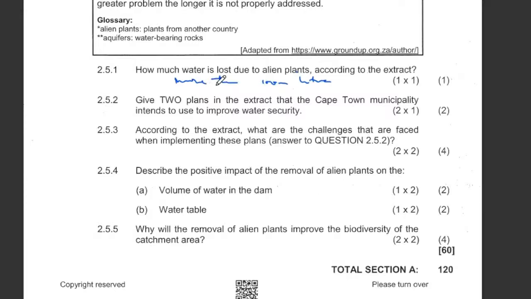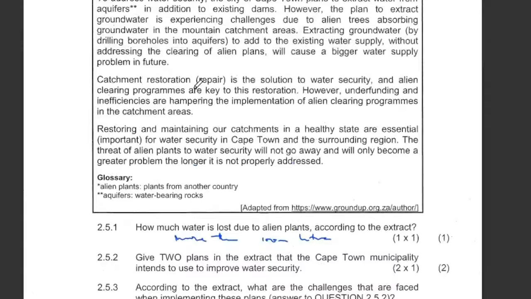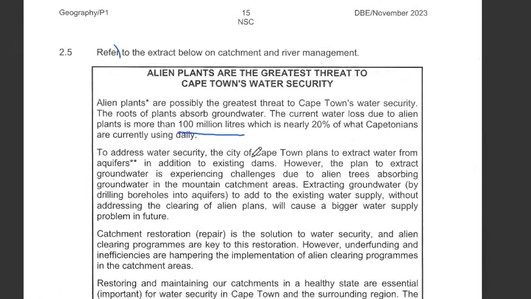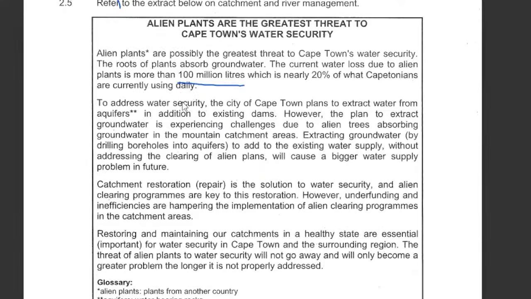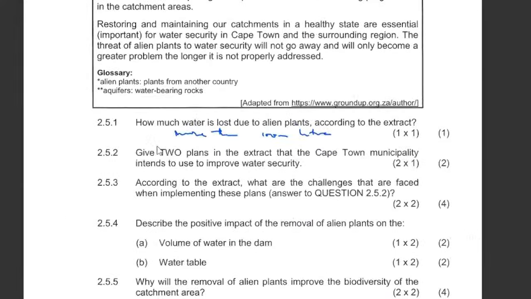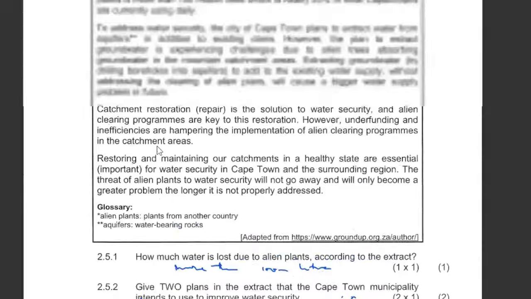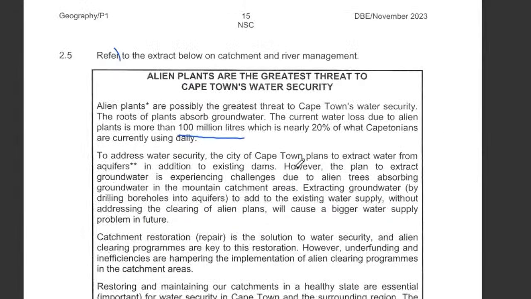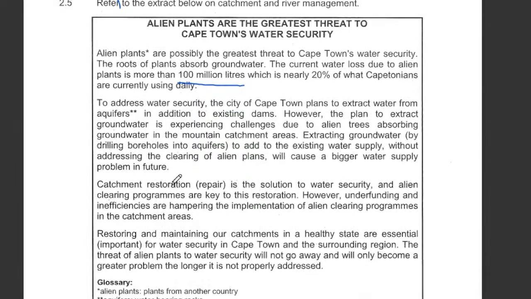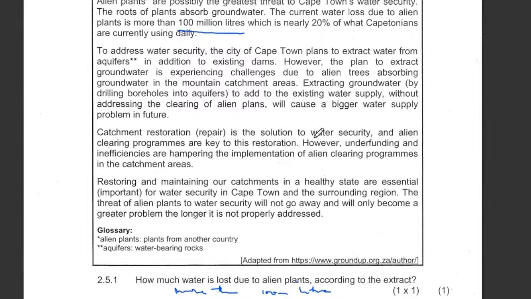Give two plans in the extract that the Cape Town municipality intends to use to improve water security. Here it says, to address water security, the city of Cape Town plans to extract water from aquifers. That is number one. Number two, the catchment area restoration is the solution to water security, and alien clearing programs are key to its restoration.